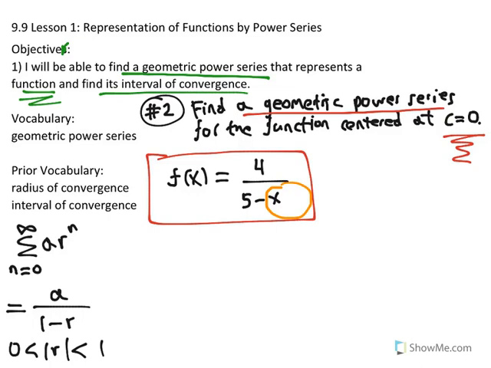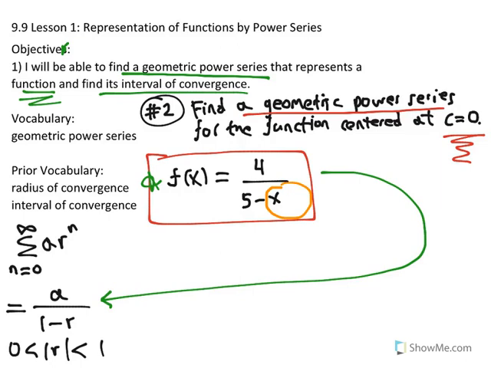Why is it that this particular function or functions of this type are suitable for representation by a geometric power series? The reason is the function as written closely resembles the sum of a convergent geometric series that we learned about in section 9.2.